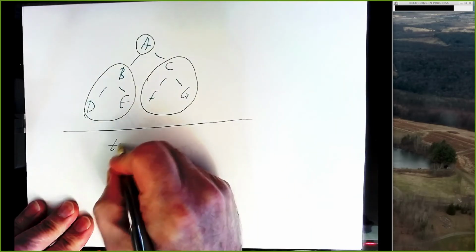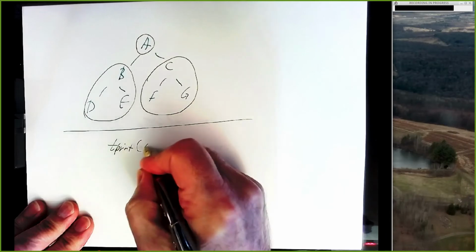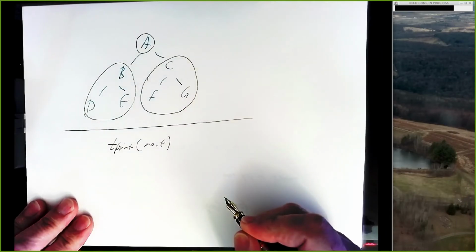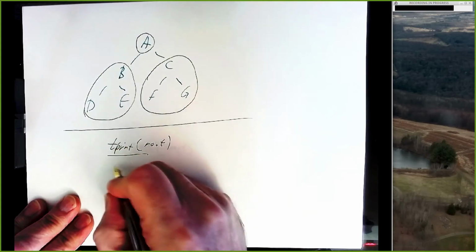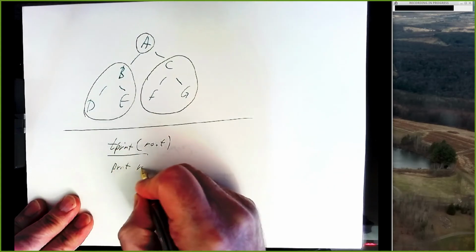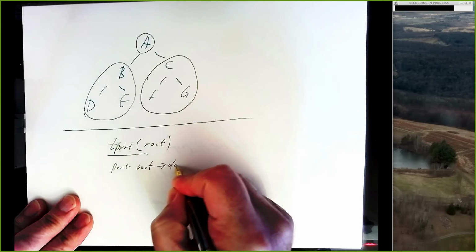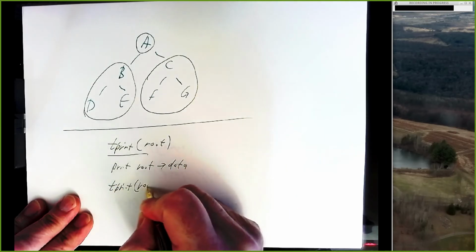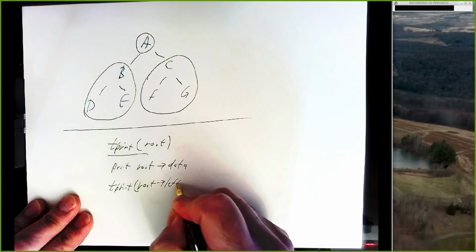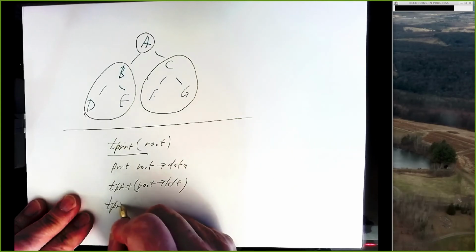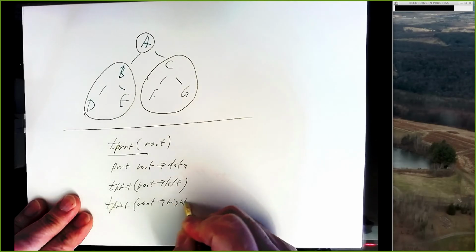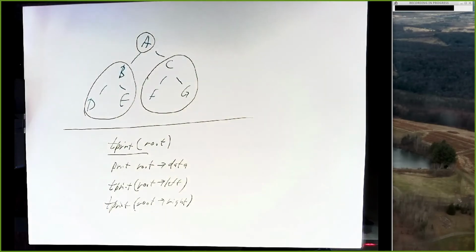So I can make a tree print, and I'll pass in the root of a tree, and I could say print root data, tprint root left and tprint root right. And that's 90% of a complete tree print function.